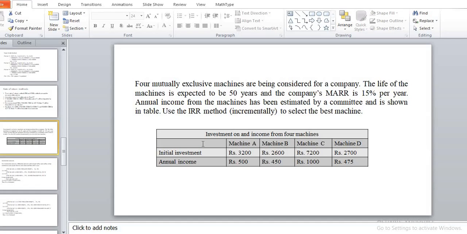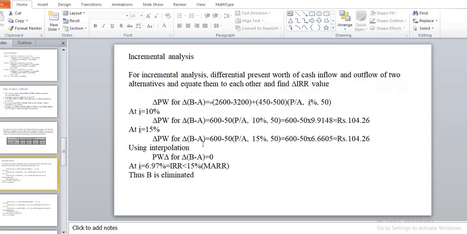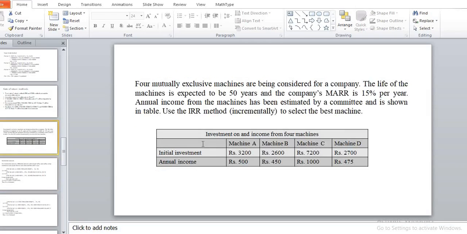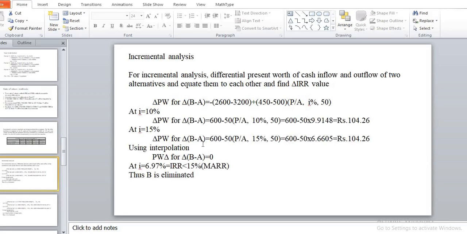The annual income from each machine has been estimated by a committee and is shown in the table. Use the IRR incremental method to select the best machine. The initial investment and annual income are given in the table for each machine.